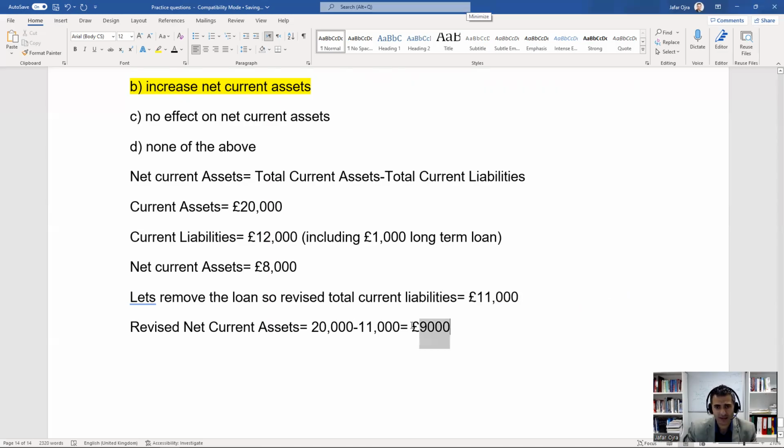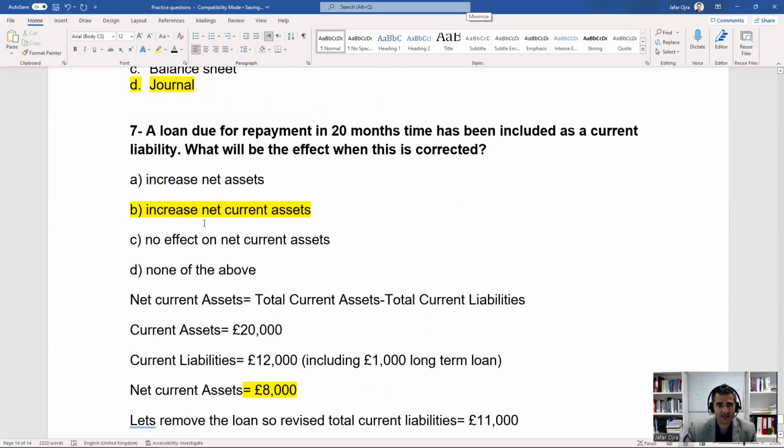So what happened, guys, before the revision and after? Before the revision it was 8,000, but after we remove the loan from the current liabilities, the revised net current assets go up by 1,000.